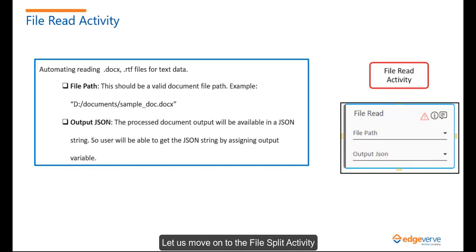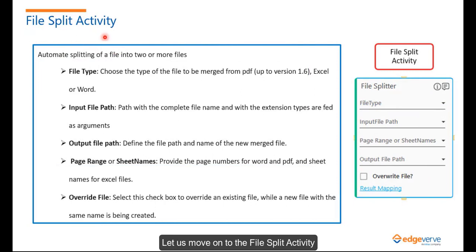Let's move on to the file split activity. File split activity automates splitting of a file into two or more files. The input fields are file type, input file path, output file path, page range or sheet names, or override files. Now file type, choose the type of the file to be split from PDF up to version 1.6, Excel or Word.